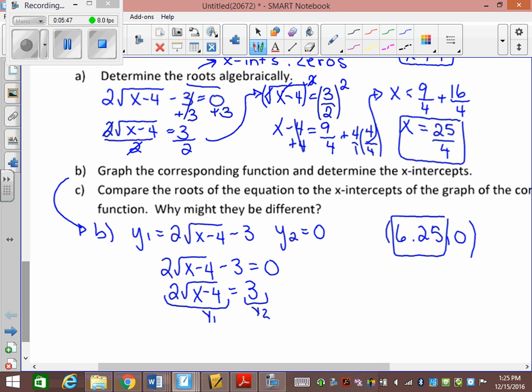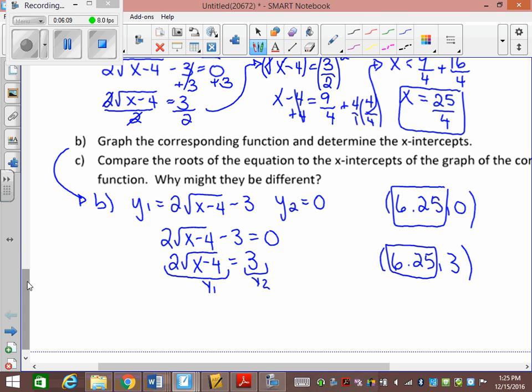What do you get for your point? 6.25 and what? 3, because it's just calculating where it intersects. But my answer is just the x, so it doesn't matter. So you can rearrange this all you want into y1, y2, and still it'll give you the same answer, right?